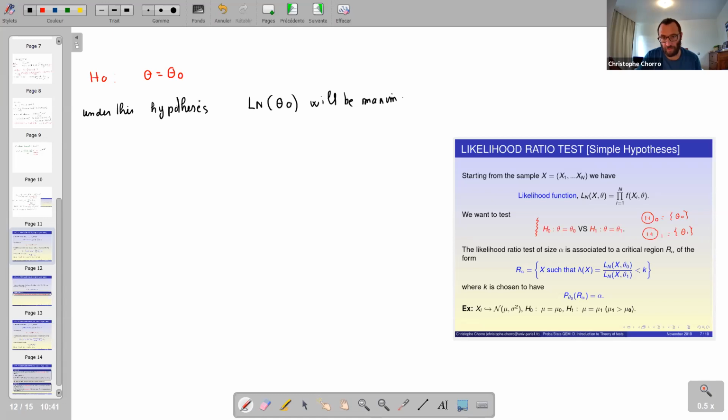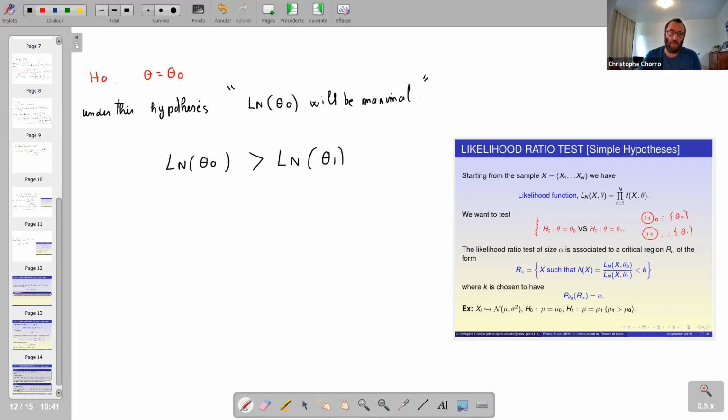Because, as I have said previously, the point where I can maximize the expectation of the logarithm, approximated by the log likelihood, is the true parameter. So if I am under this hypothesis that the true parameter is theta 0, my log likelihood will be maximal at this point. So in particular, ln of theta 0 will be greater than ln of theta 1, being the other parameter of interest.